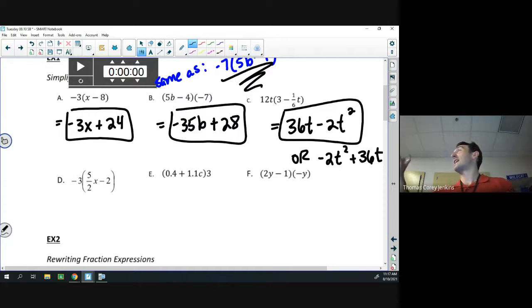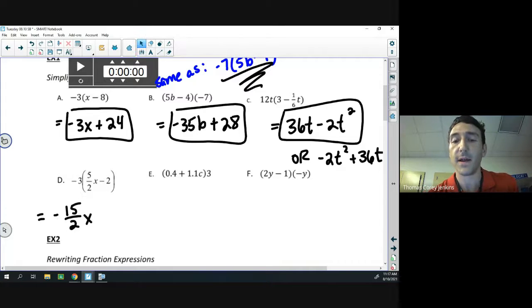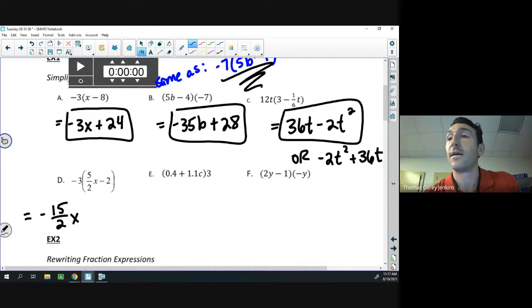I would even write this down this way as well, because a lot of times in Algebra 1 we'll leave our fractions like this. So you could also write that as negative 15 over 2 x, which is equal to negative 7.5x, plus 6, okay?